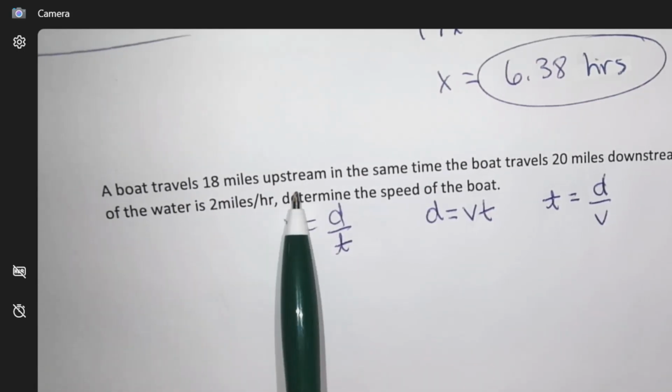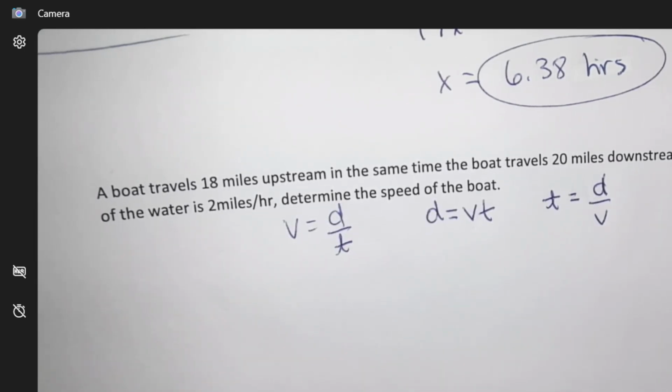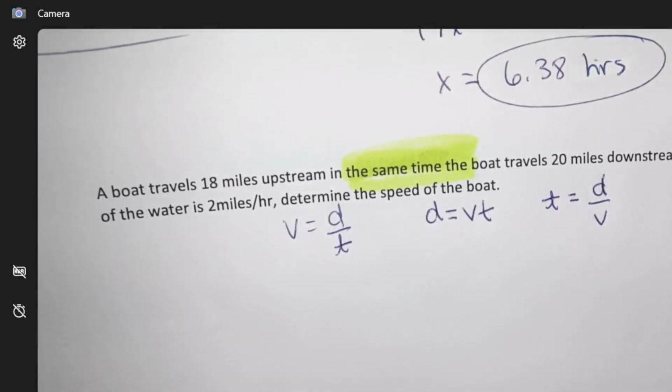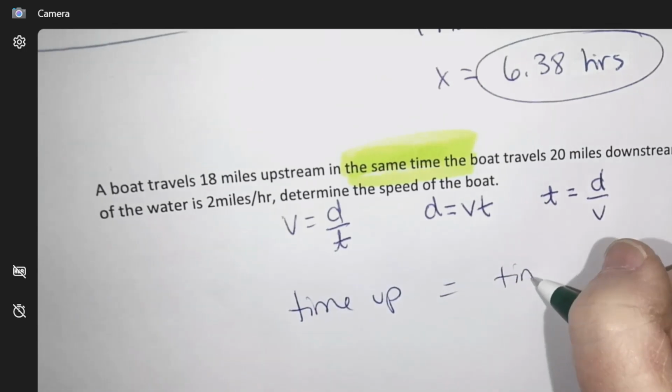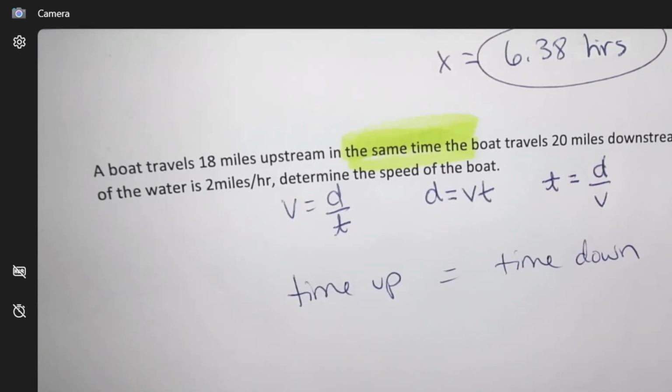Okay, so we're going to be going upstream an amount the same time as going downstream. So this is my key, the same time. Time up equals time down.